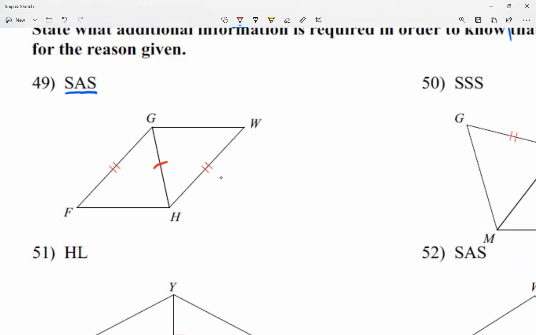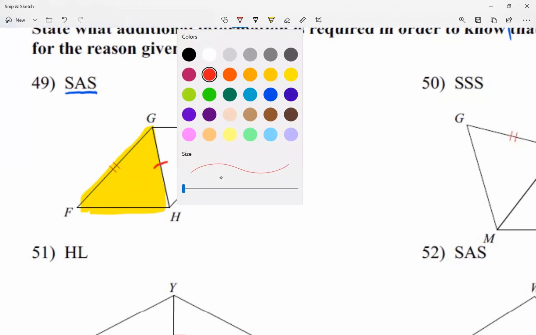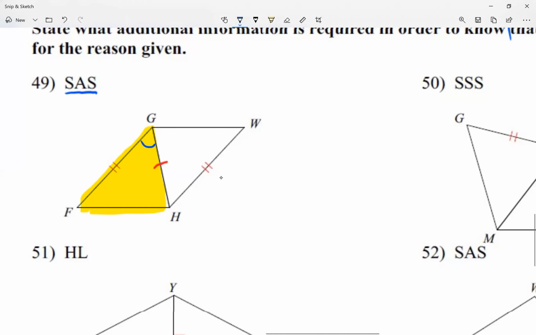When I'm looking at my triangle here, I'm just going to look at one triangle. My question is, what am I missing? I'm supposed to have 2 sides and the included angle. I have the 2 sides. I don't have the included angle. I'm missing this angle.